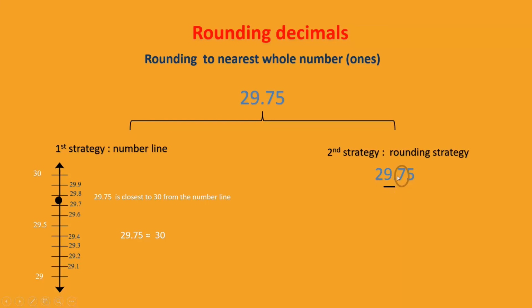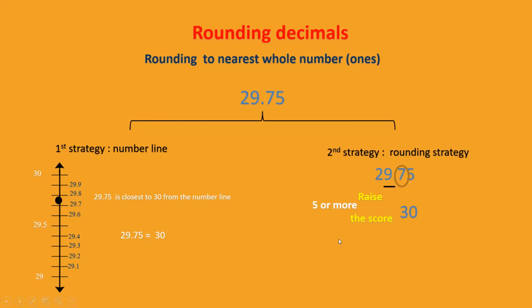Okay, the next digit, 5 or more than 5, raise the score. Raise the place by 1. 29 plus 1 will be 30. So the number equals 30 to the nearest whole number.